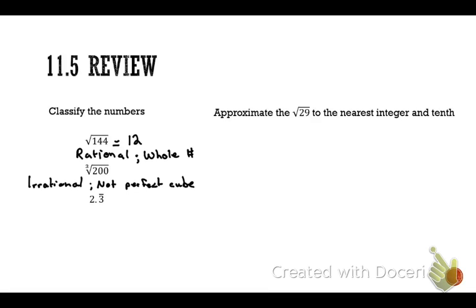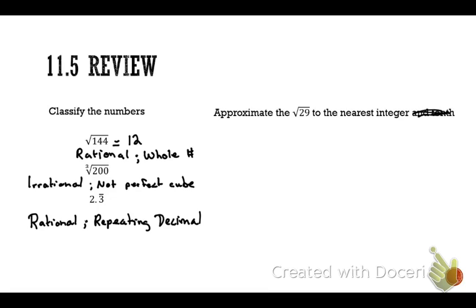Rational. It is rational because it's a repeating decimal. We know that repeating decimals are always rational because they have a pattern of predictability. I know the numbers that are coming next. Rational, repeating decimal.